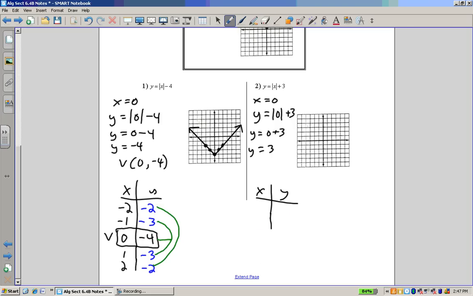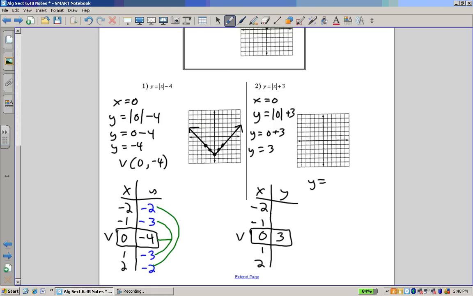So I'm going to put my xy table here. My vertex is 0, 3. Okay, we're going to go up 1, up 2, down 1, down 2. And let's plug these in.